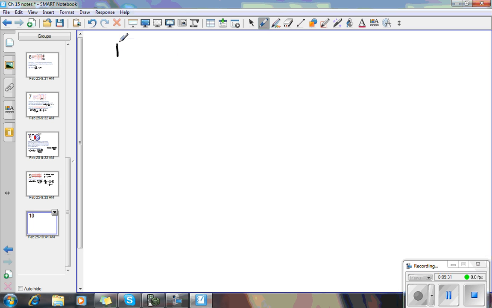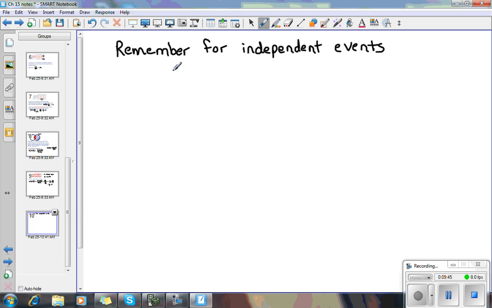Okay, moving along here. Remember, for independent events, the probability of A intersect B equals the probability of A times the probability of B. And we used this a lot when we talked about rolling dice.